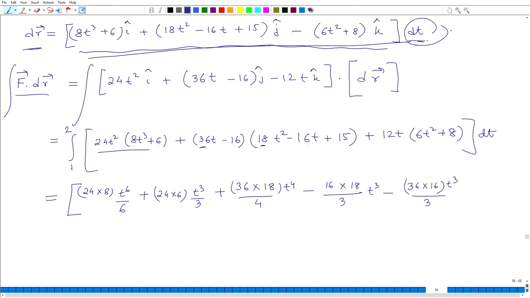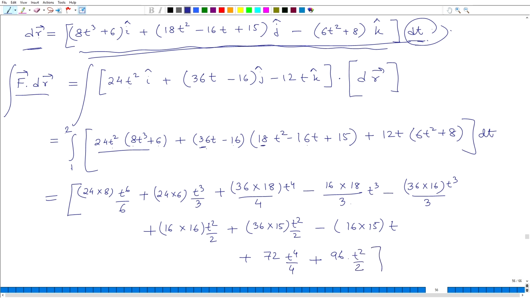I just write it like this so that it will be easier to recognize the cancellation, plus 16 times 16 t² by 2, plus 36 times 15 t² by 2, minus 16 times 15 t, plus 72 times t⁴ by 4, and finally plus 96 times t² by 2.